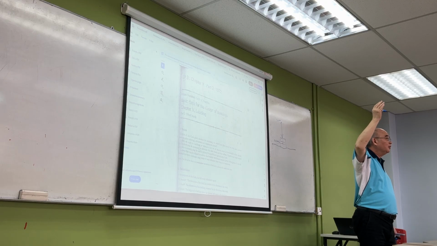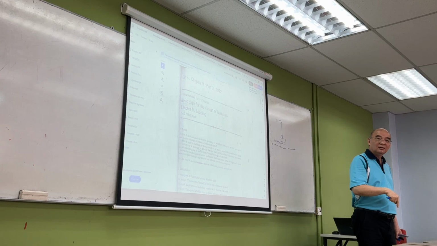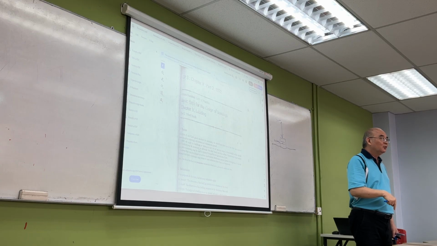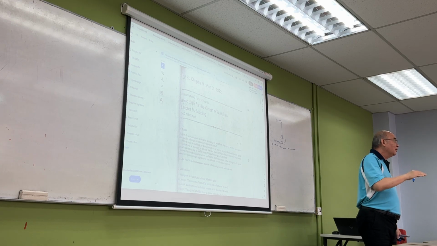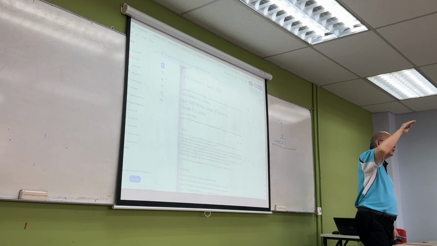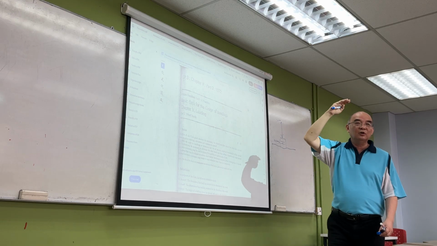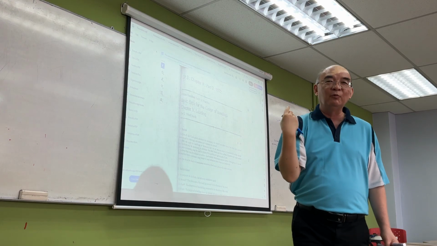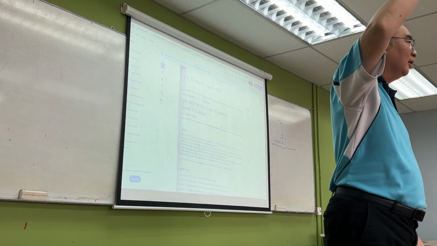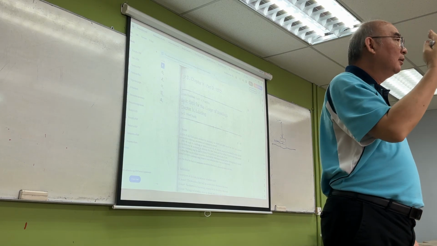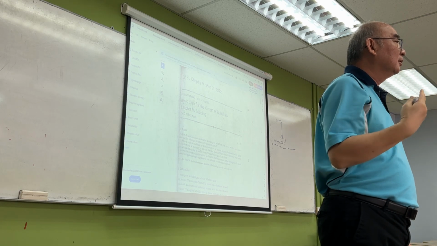Is the wind speed going to be the same? Same location. That means the wind speed also depends on the height. The taller the building, you probably feel more wind, because there's less obstruction.